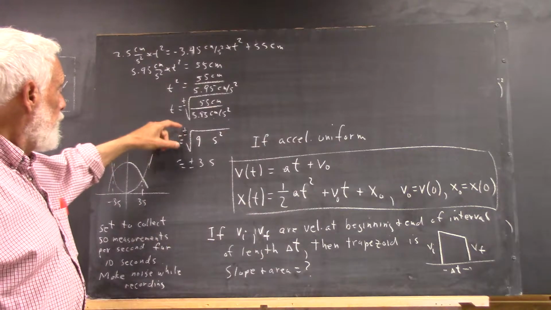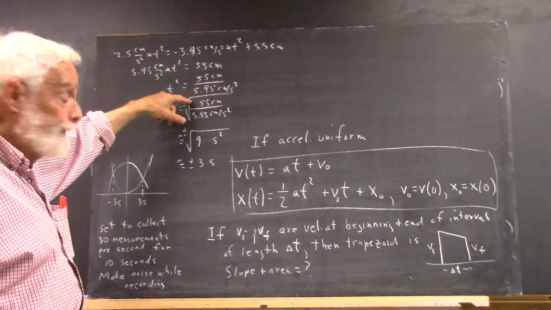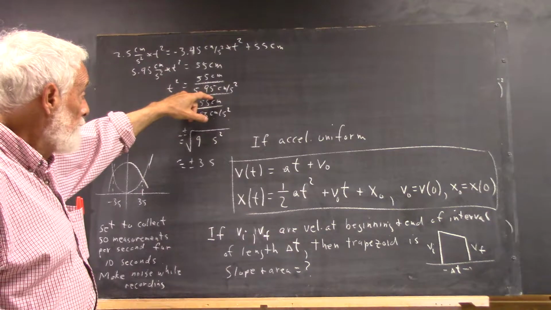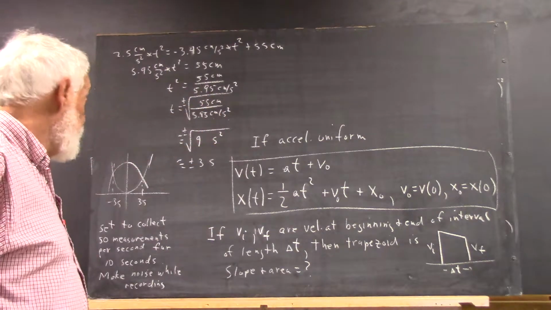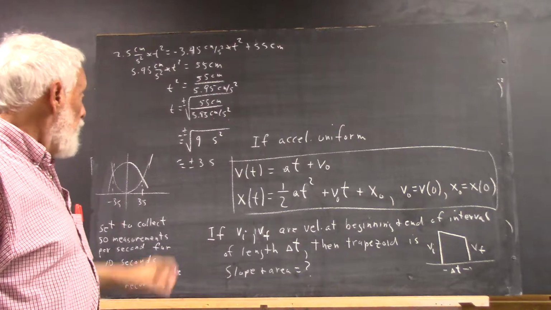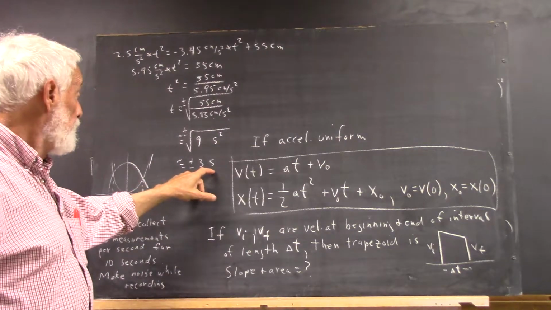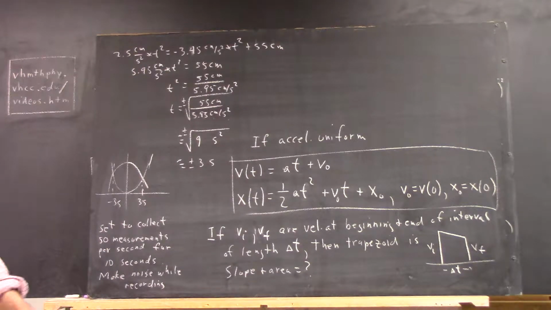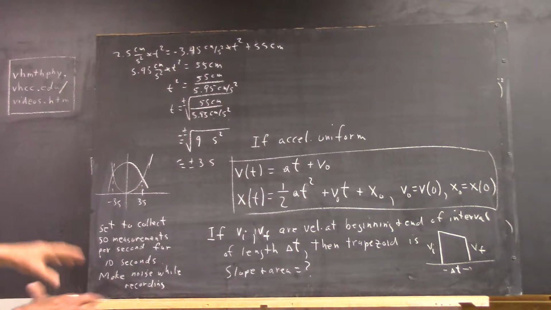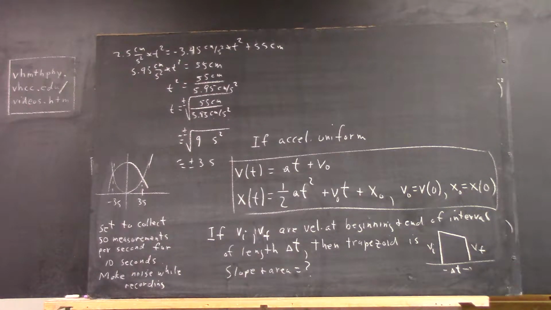And here we get, this is about 9, and the units will be centimeters divided by centimeters per second squared, which is second squared. Make sure you understand the fractions. And that's plus or minus 3 seconds. So that's what we obtained from this data. And most people got information fairly close to that, because of course for the sample data I was using some data from the observations. Okay.